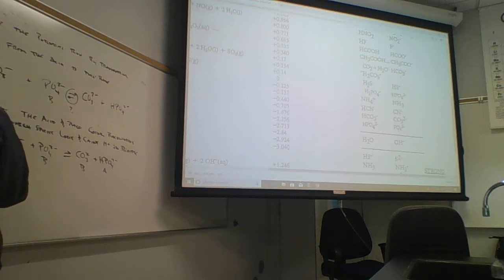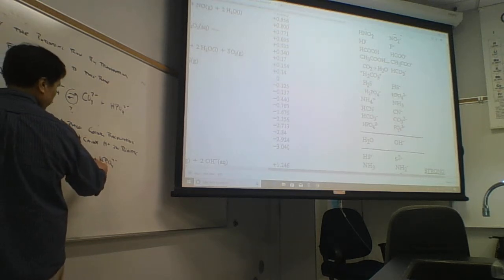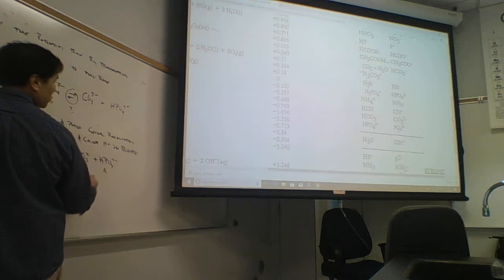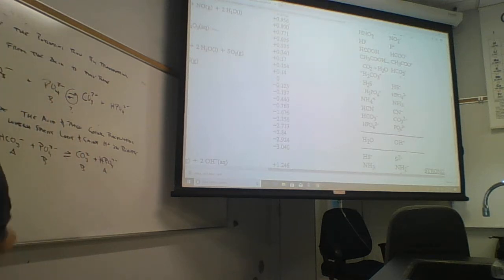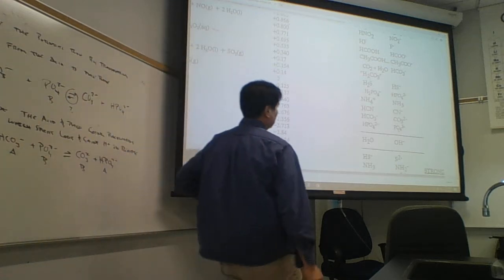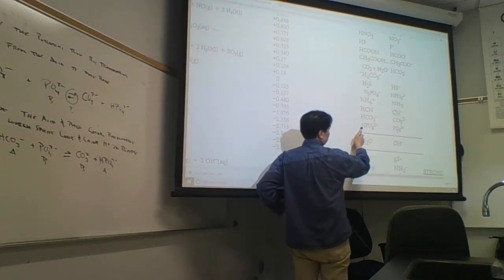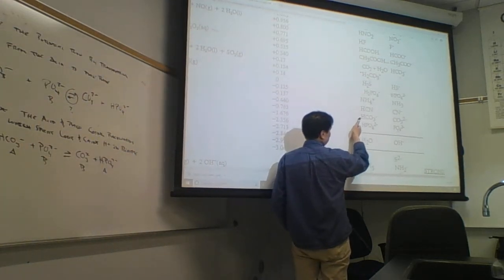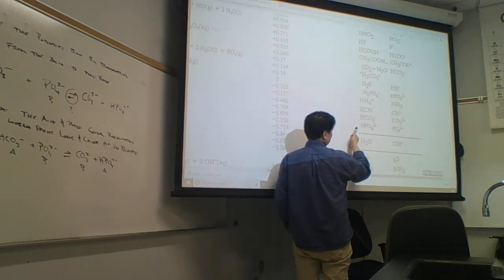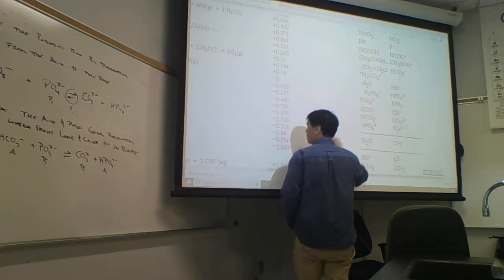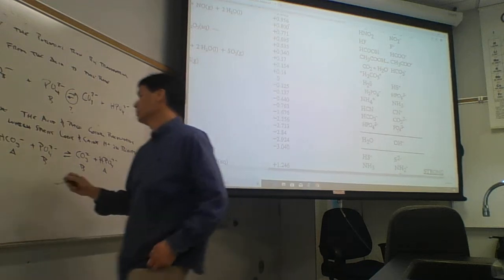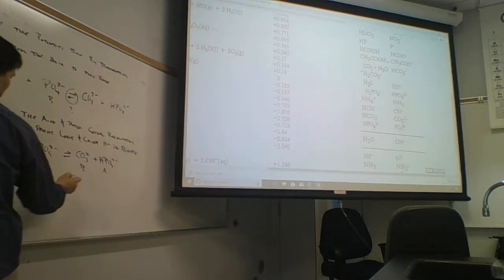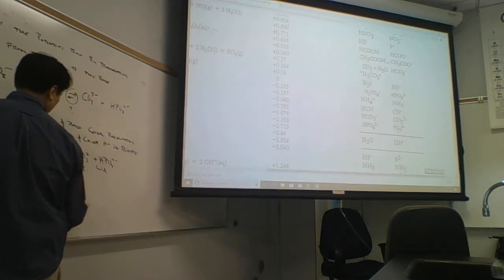Is bicarbonate stronger, or is hydrogen phosphate, or monohydrogen phosphate, stronger? So we use a chart for that. Which one's stronger? Bicarbonate is stronger. And so we'll label this SA and this WA.